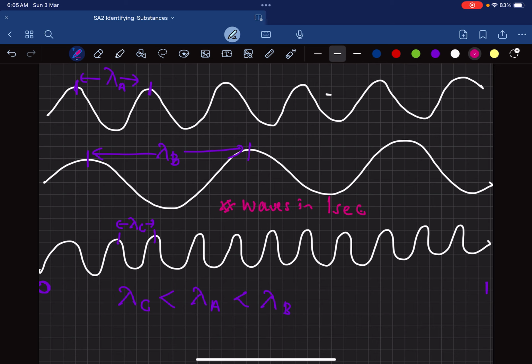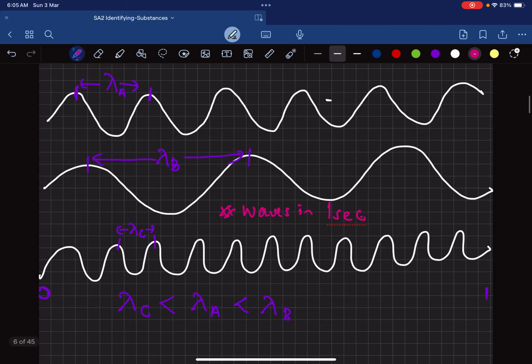That's what frequency is. So if we look at this, we will notice that the frequency, in physics we use the symbol ν, the frequency of C is greater than A, and the frequency of A is greater than the frequency of B.